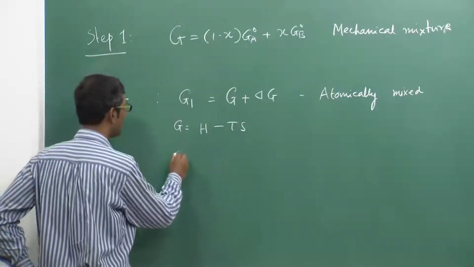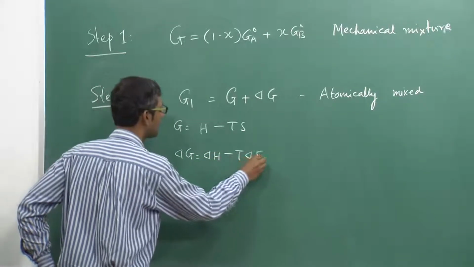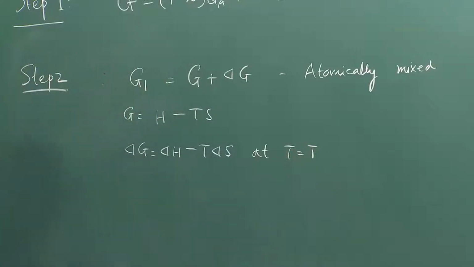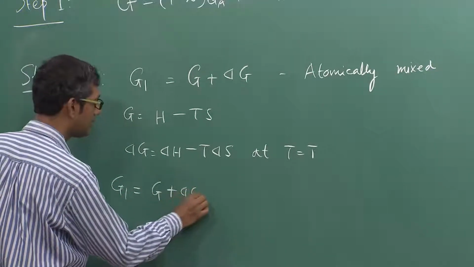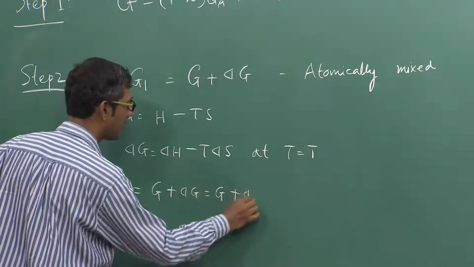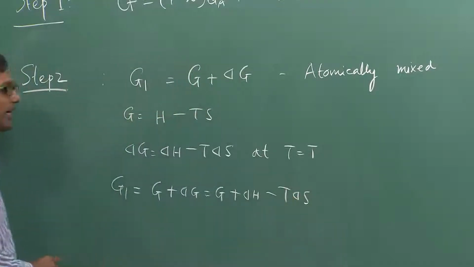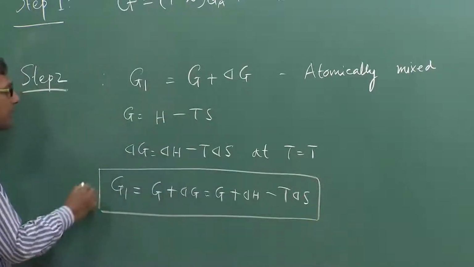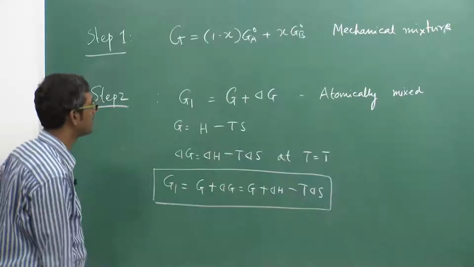So, delta G is nothing but delta H minus T delta S, at a certain temperature T. So, I can simply write G1 is nothing but G plus delta G, that is equal to G plus delta H minus T delta S. This is my first equation, which comes if I atomically mix two pieces in proportions of 1 minus x and x.